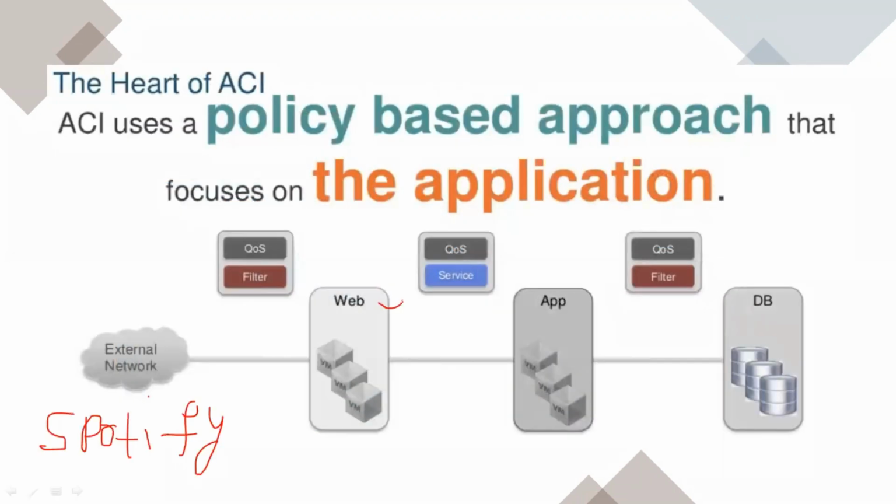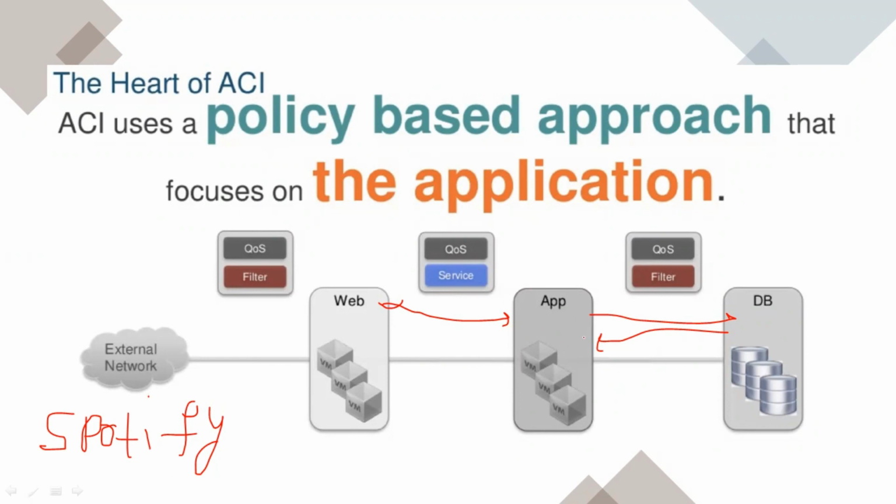One is web: the user comes to the web server, and the web server redirects that traffic to the application server. Let's suppose you are requesting some song from the app; it will search the database, give that data to the app, and then it will run on the app. So every application nowadays is built on a 3-tier architecture, which is web, app, and DB. The user logs into the web, then web to the app, and then app to the database.